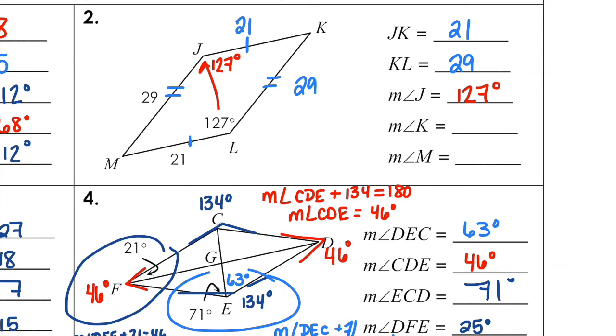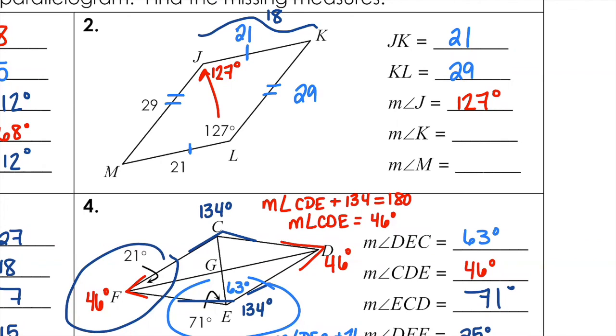Angle K. In a parallelogram, consecutive angles are supplementary. So J plus K equals 180. Or I could have done K and L. It doesn't matter.